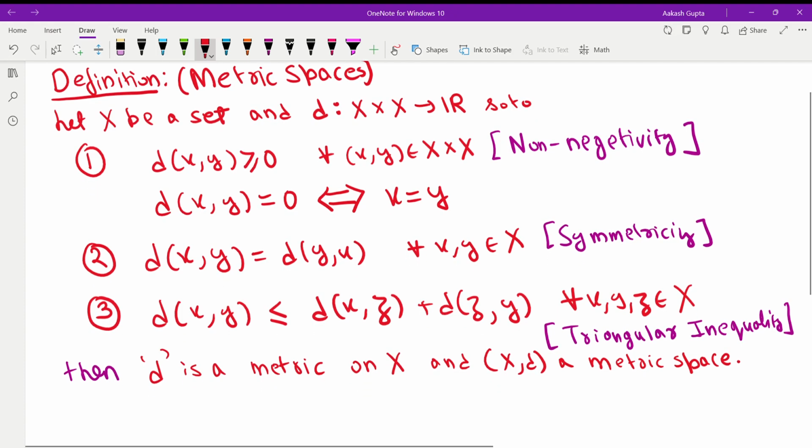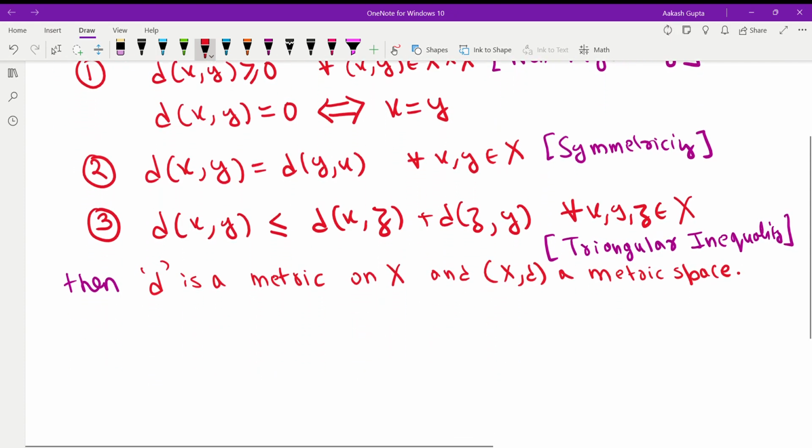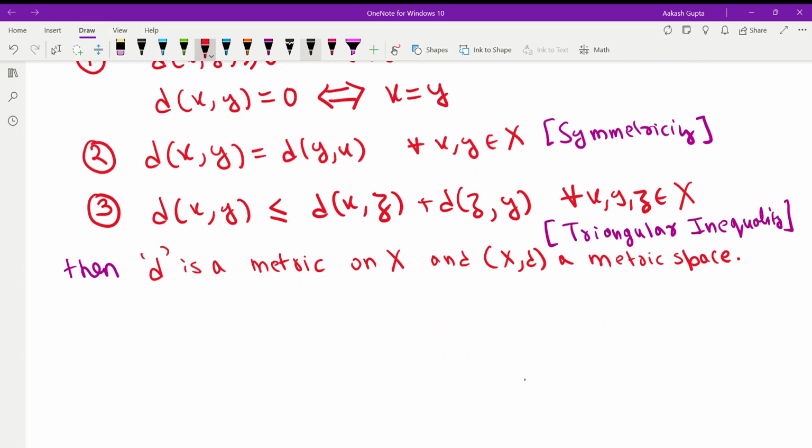Very nice. Let me give you just one example of it. I am not going to verify it; I leave it for you to do. Example 1. Let X be a non-empty set.